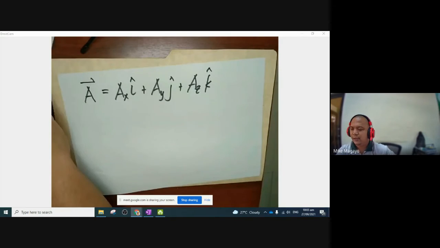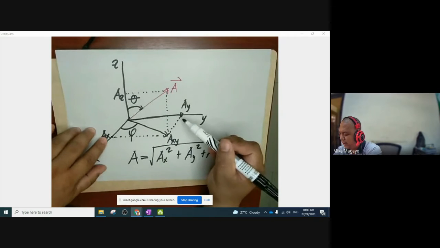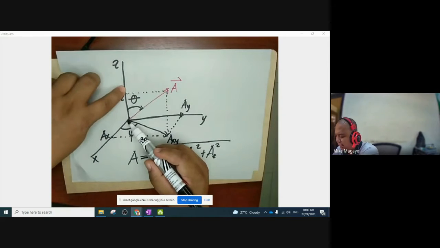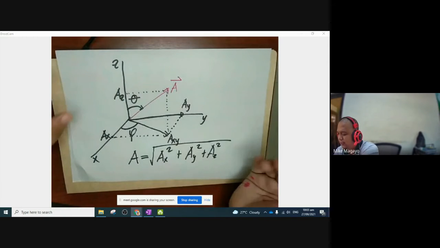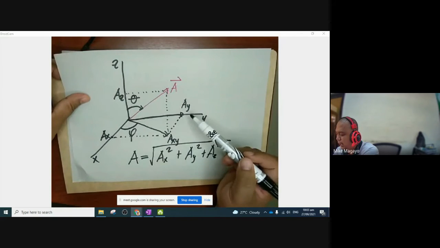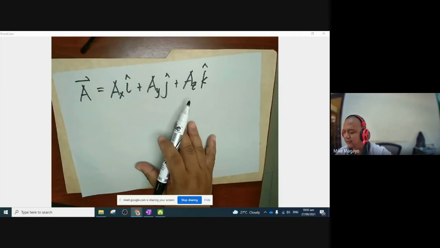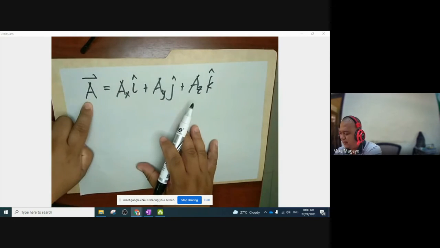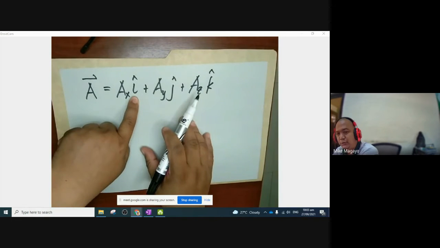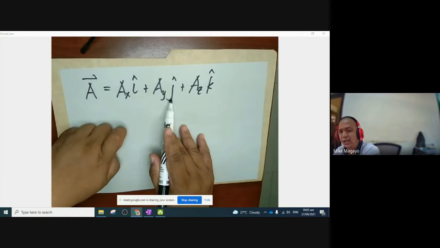Now, in this expression, I indicate the length of ax, ay, and az, but without the unit vectors. But we know they are all projected along x, y, and z. So if you have this vector A, it must have its magnitude and its direction: magnitude along the y-axis and its direction indicated by j hat.